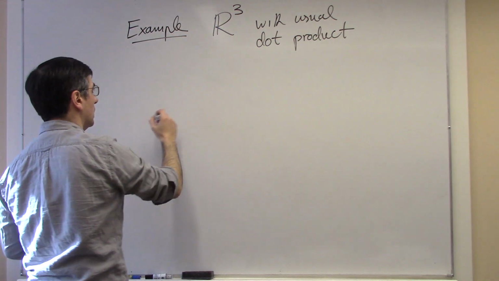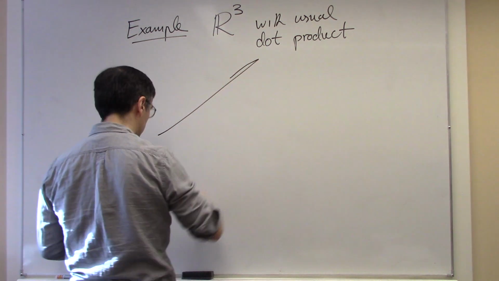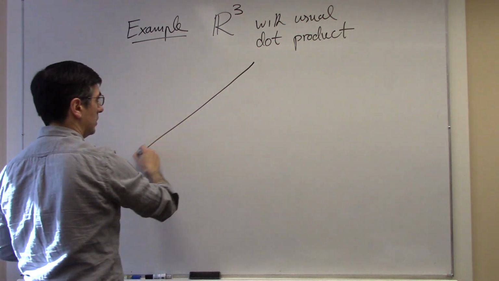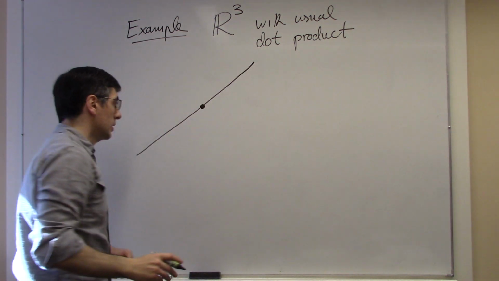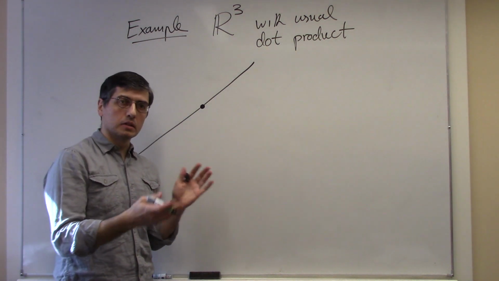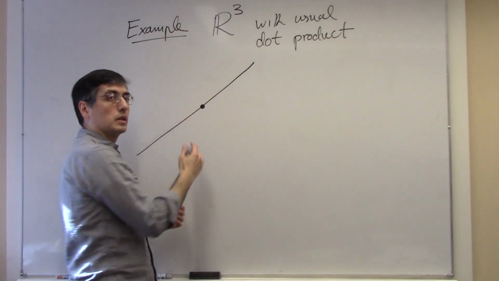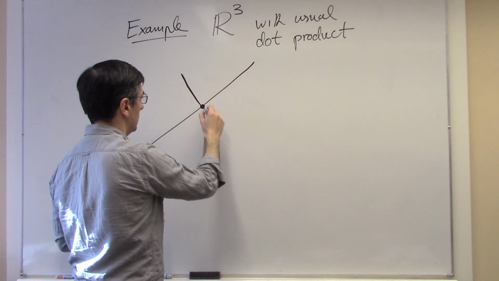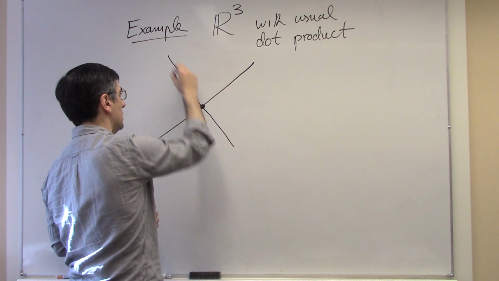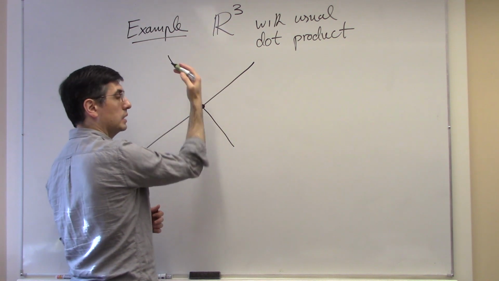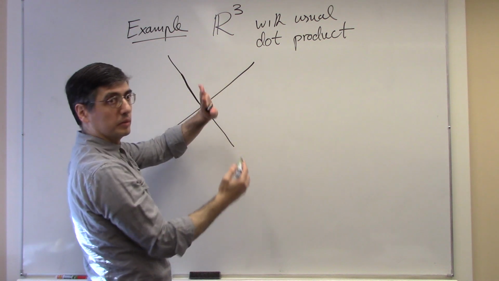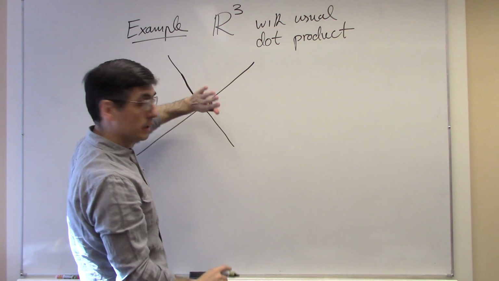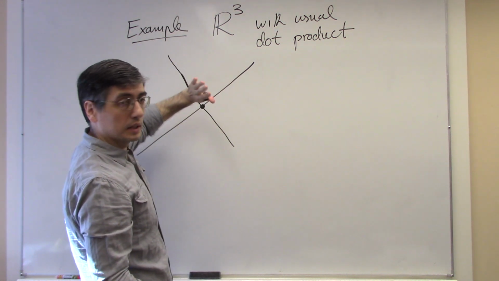And suppose U is a line, and it goes through the origin. Now think about all vectors in R3 that are orthogonal to this line. So one such vector is this one, and another vector is this one, or any scalar multiple. And then you can, of course, rotate this out of the plane. Yeah? So imagine that once you start rotating this line, you're getting a plane.